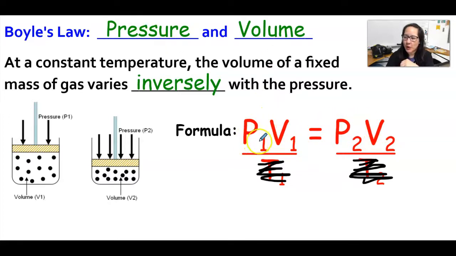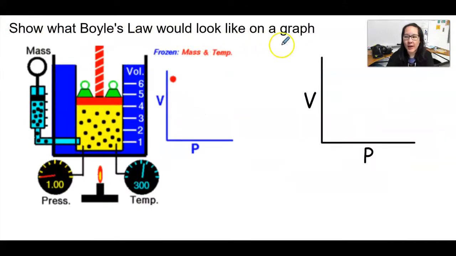So when you increase pressure, it's going to cause volume to decrease. Or opposite of that, if you decrease pressure, it's going to cause volume to increase, and that is essentially Boyle's law.